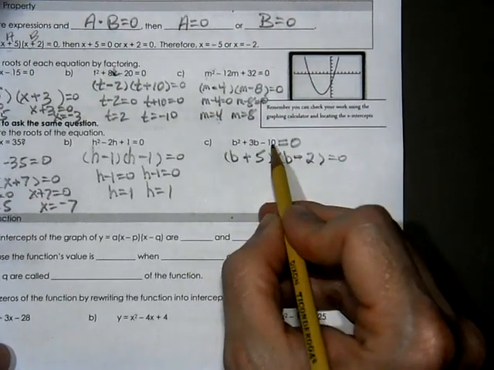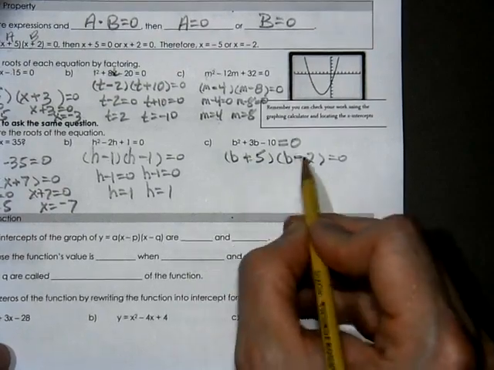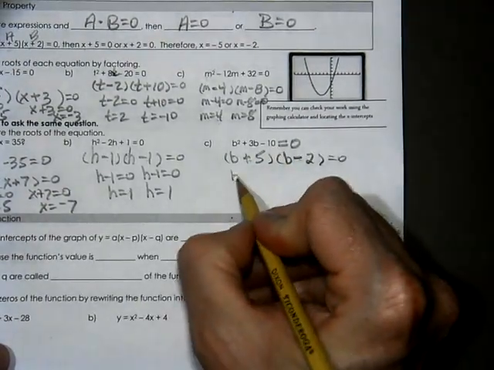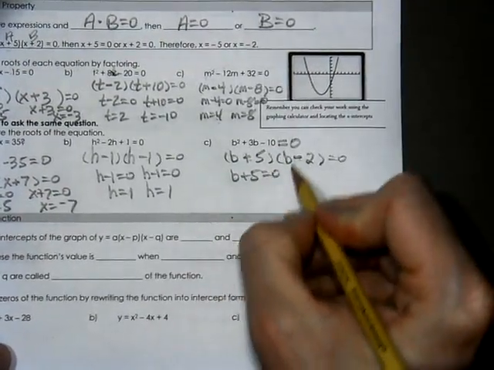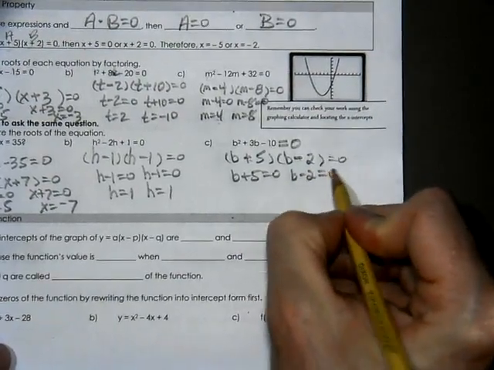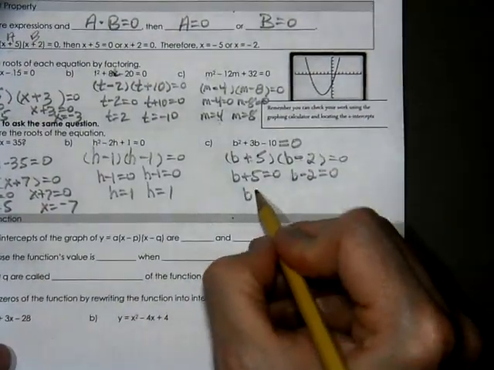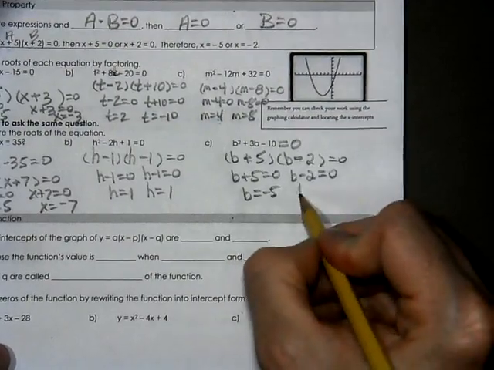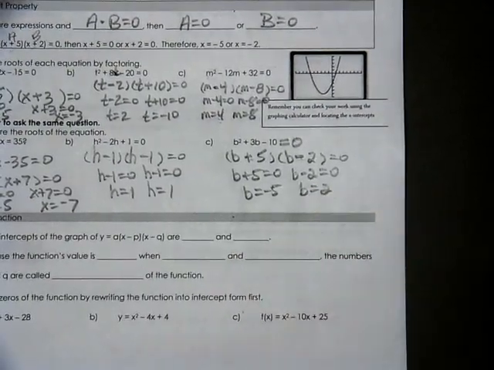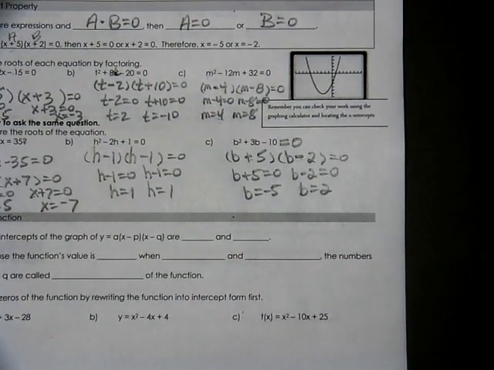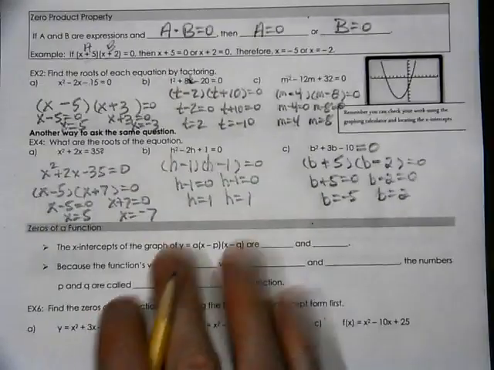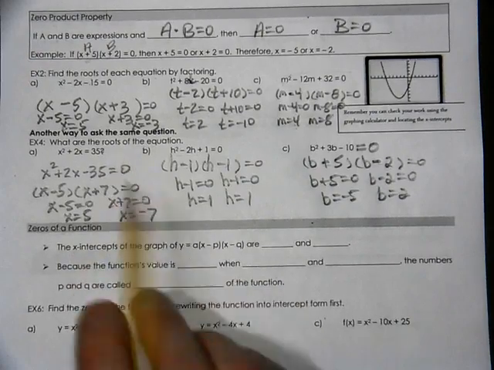And they have to multiply to be negative 10, so the signs have to be different. So b plus 5 equals 0, and b minus 2 equals 0. So subtract your 5 across, add your 2 across, and we found the two zeros, or in this case, what we like to call them, the two roots of the equation.